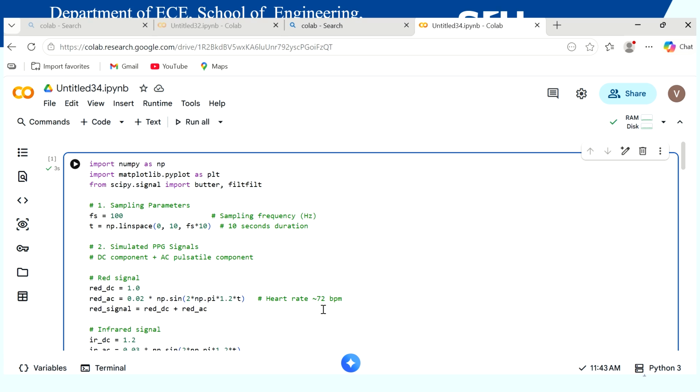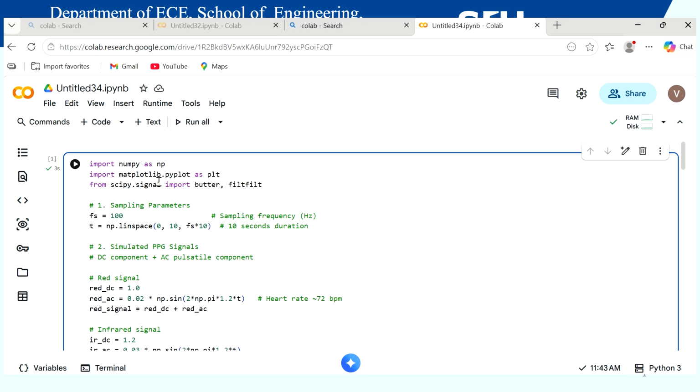That is the heart rate, almost equal to 72 beats per minute, because it is 1.2 times 60. Next, red_signal is equal to red_DC plus AC, both components coming under red_signal.